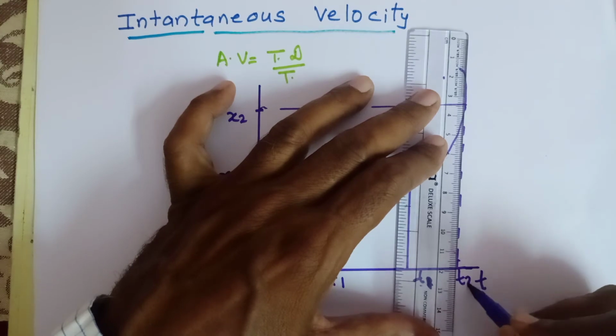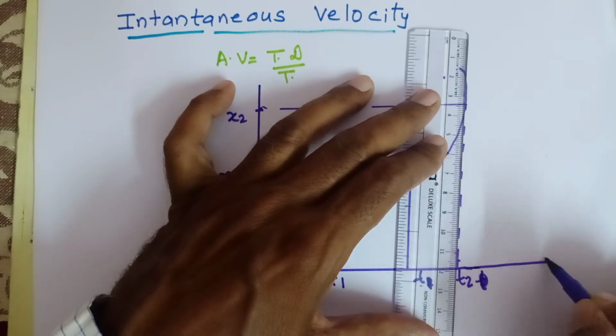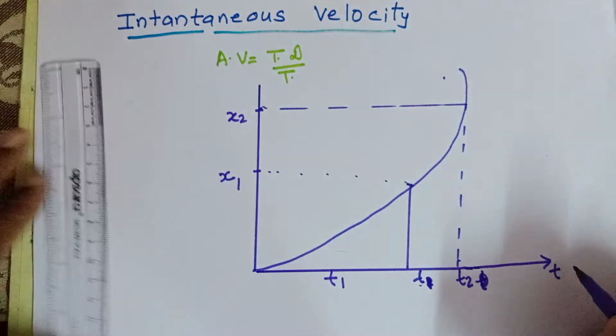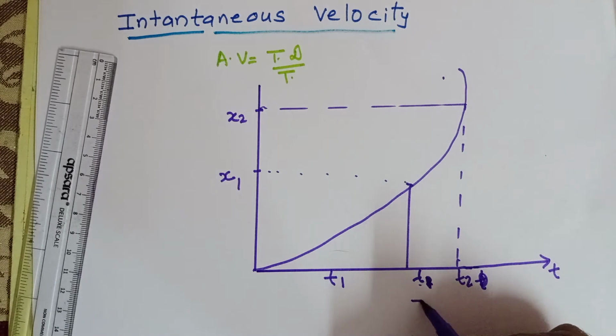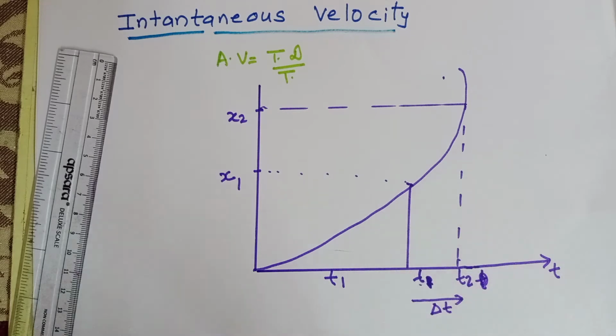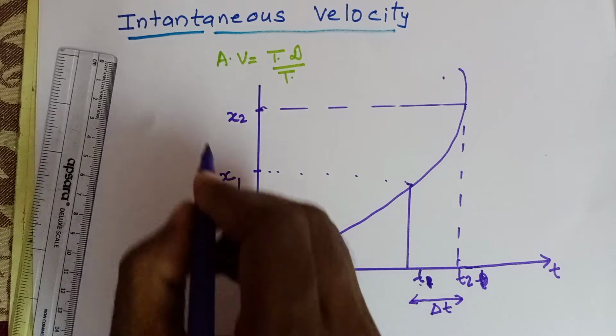This is our time axis, this is t. So this will be the time interval delta t, and this will be delta x.